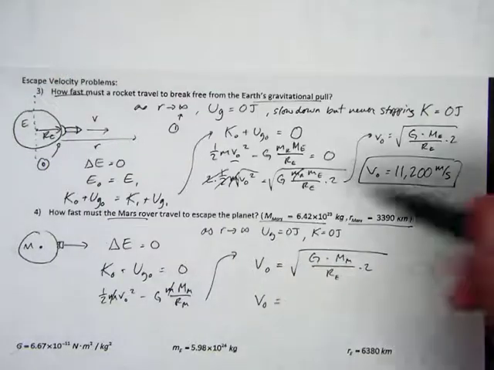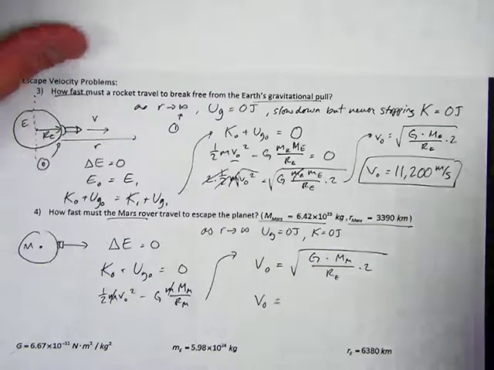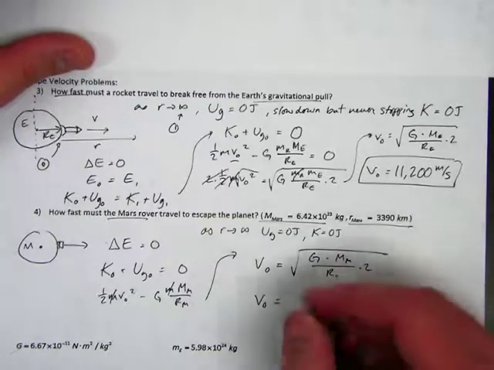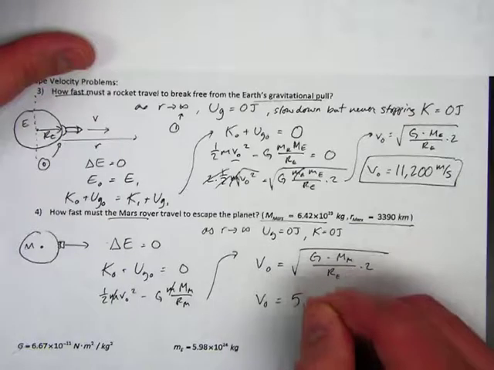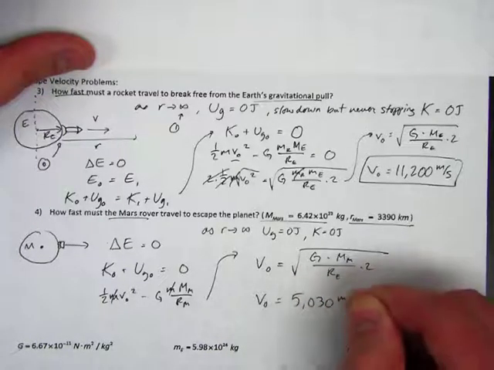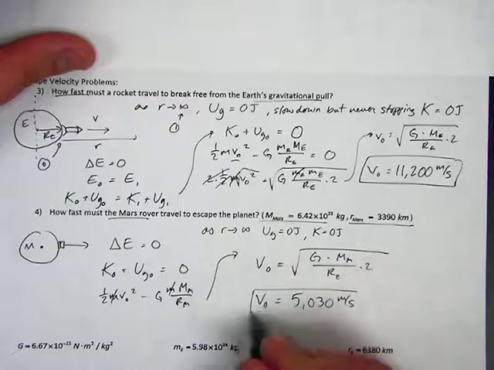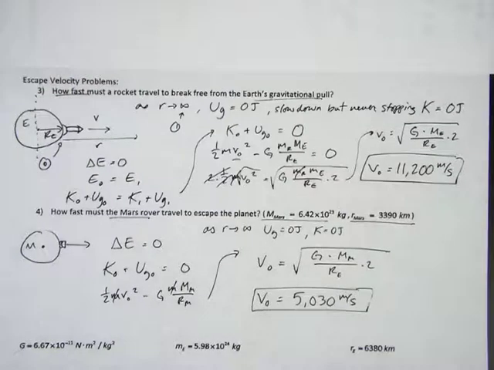And for Mars, given its mass and its radius, we get that the escape velocity for the rover would be 5,030 meters per second.